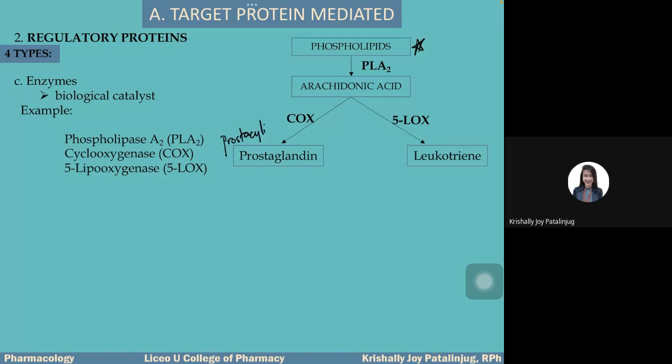Prostacyclin, thromboxane, TXA2. So those are examples of metabolites that may be produced under the COX pathway from arachidonic acid. And then under the 5-LOX pathway, leukotriene is produced. The effect of leukotriene is bronchoconstriction.